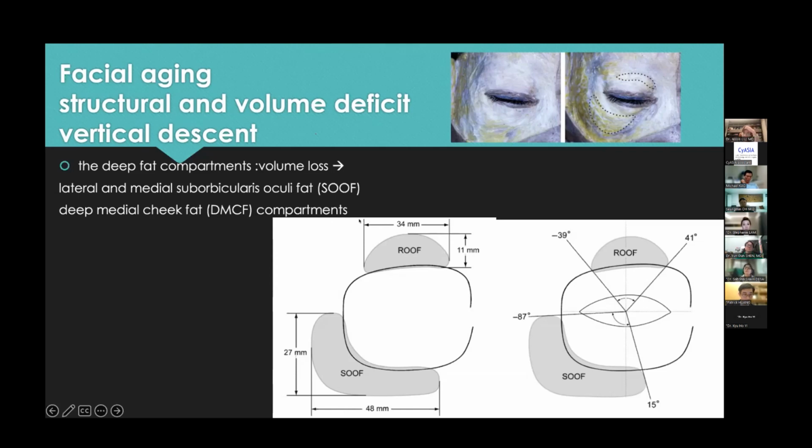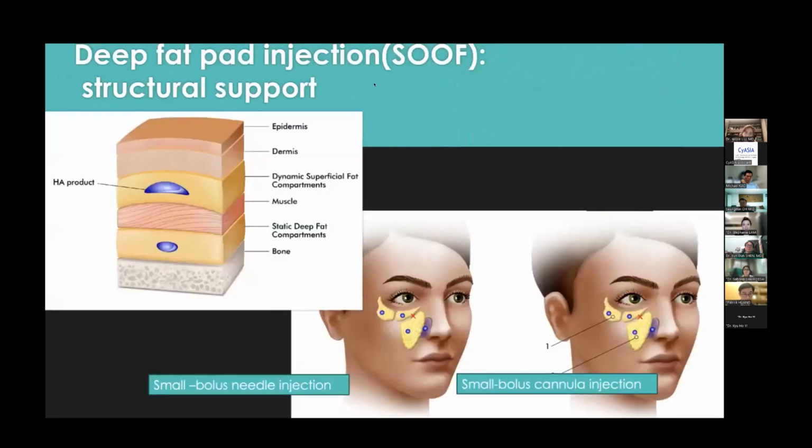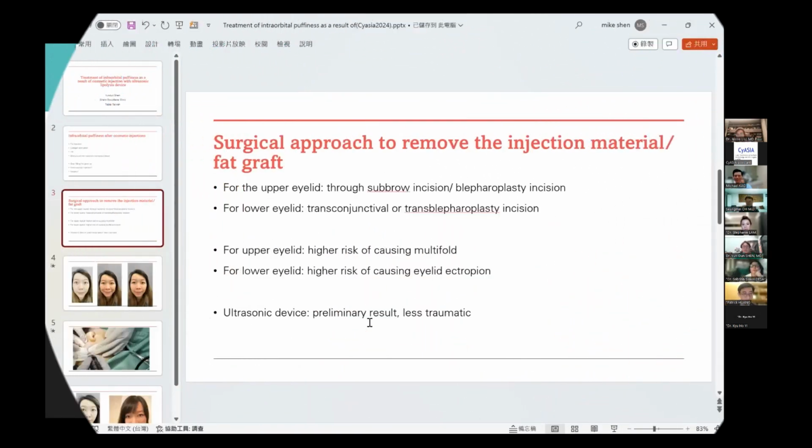This is the SOOF, the area in the middle to lateral. So deep fat injection, especially into the SOOF, can give structural support to the mid-face and where potential complications may occur.